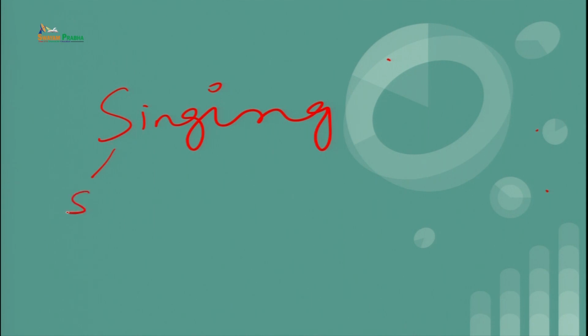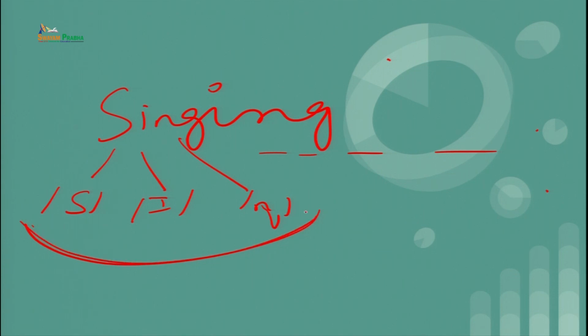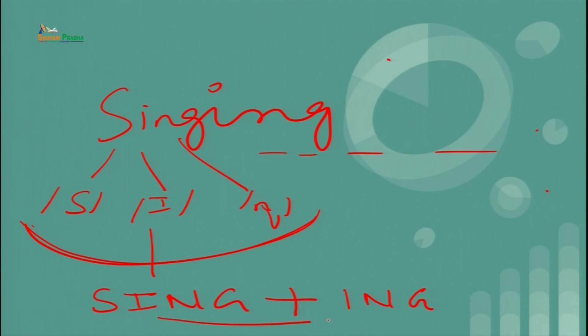You will say the phonemes are these: s, i, and then there is the sound of ng. But when I ask you to put all these phonemes together, you will come up creating a meaningful morpheme, that is sing, and similarly you will create another one which is ing. Therefore, you make it singing.